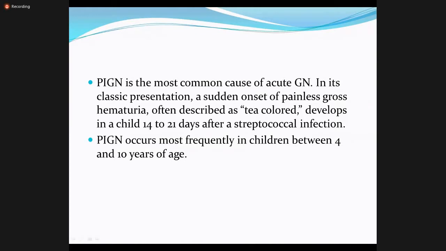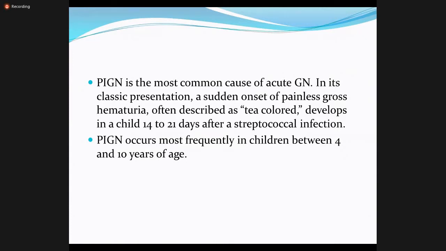The history is only 1 or 2 days of painless gross hematuria. They often describe it as tea-colored urine, and they usually have a past history of streptococcal infection, about 2 to 3 weeks earlier in the case of an upper respiratory tract infection, and more than 4 weeks in the case of a skin infection.